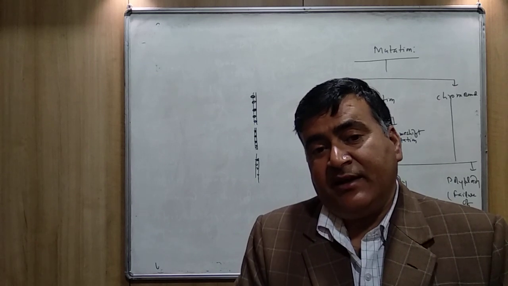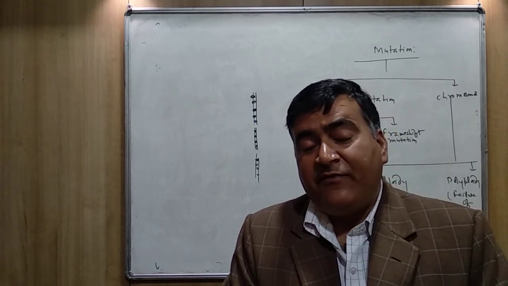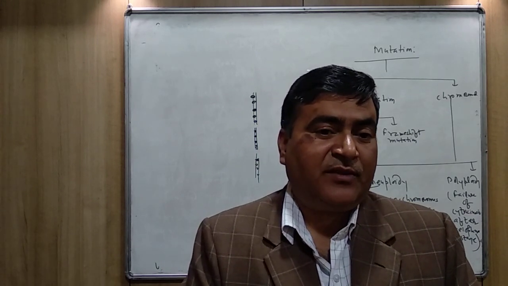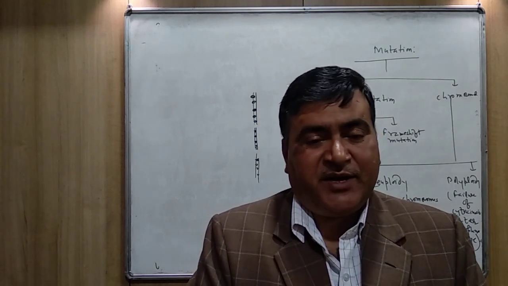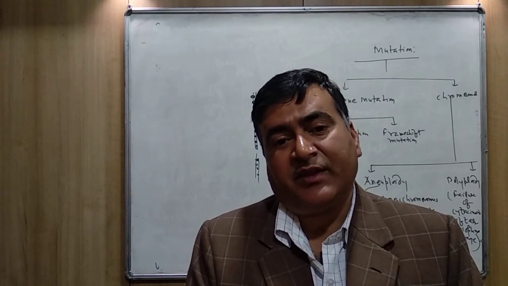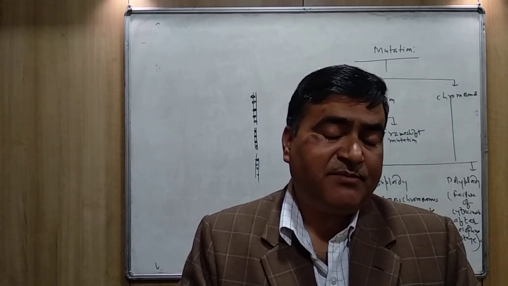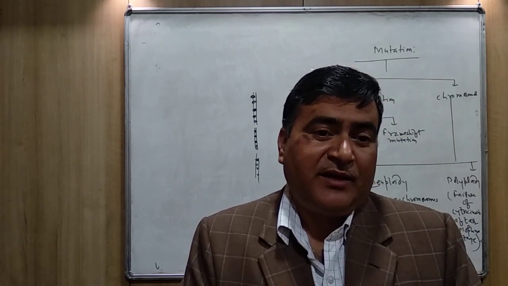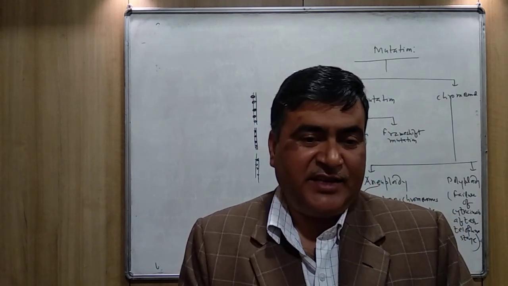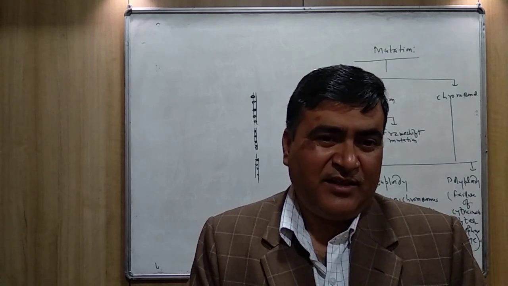Point mutation, I will teach you in the next chapter. Even a particular gene is made up of so many units, the nucleotides. I will teach you in detail in the second chapter. Adenine, guanine, cytosine, thymine. In the case of RNA, it is uracil.